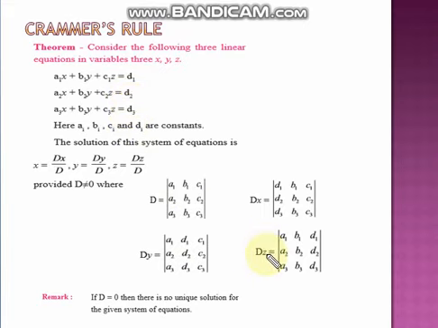And dz can be obtained by replacing the third column with the right hand side of the equations d1, d2, d3. You can see that in dx the first column is d1, d2, d3. In dy the second column will be d1, d2, d3. And in dz the third column will be d1, d2, d3. Okay, and d is the determinant obtained from the coefficients of x, y and z.